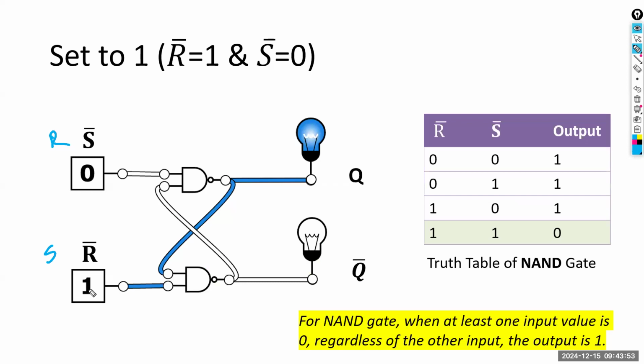Okay, this is set now. Q is 1 means set. Now, how do you explain this? Because that is important for your confidence. This time the idea is when at least one input value is 0, regardless of the other input, the output is 1. So now you need to start with the 0 side.